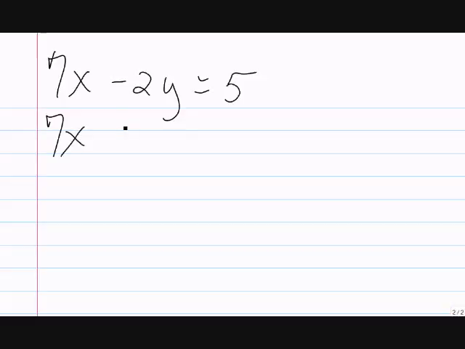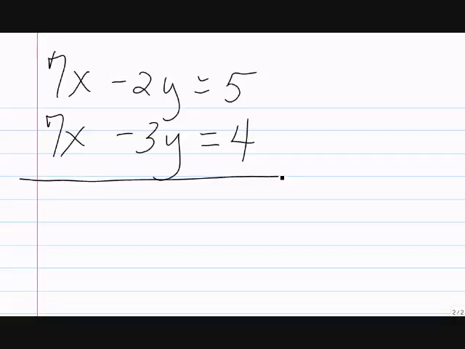New problem. 7x minus 2y equals 5. And 7x minus 3y equals 4. Okay. If I tried adding these two equations like I did on the last example, 7x plus 7x is 14x.